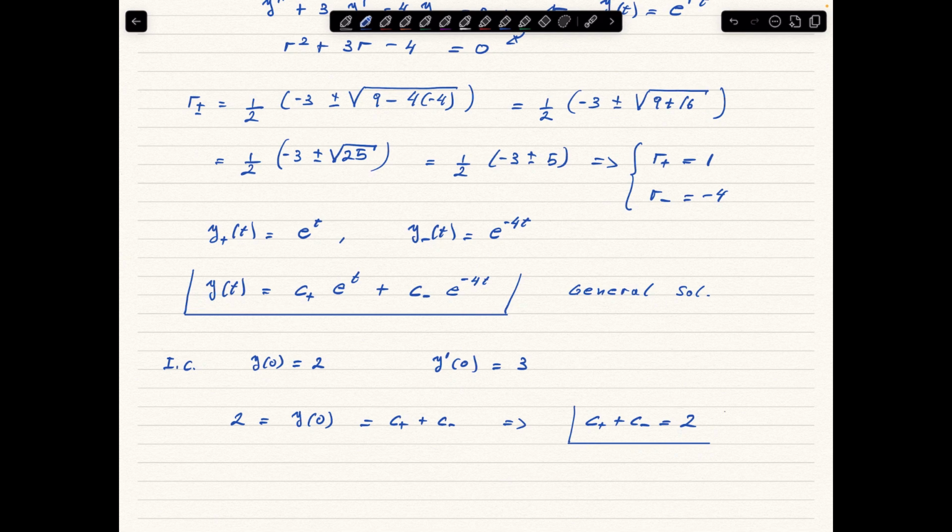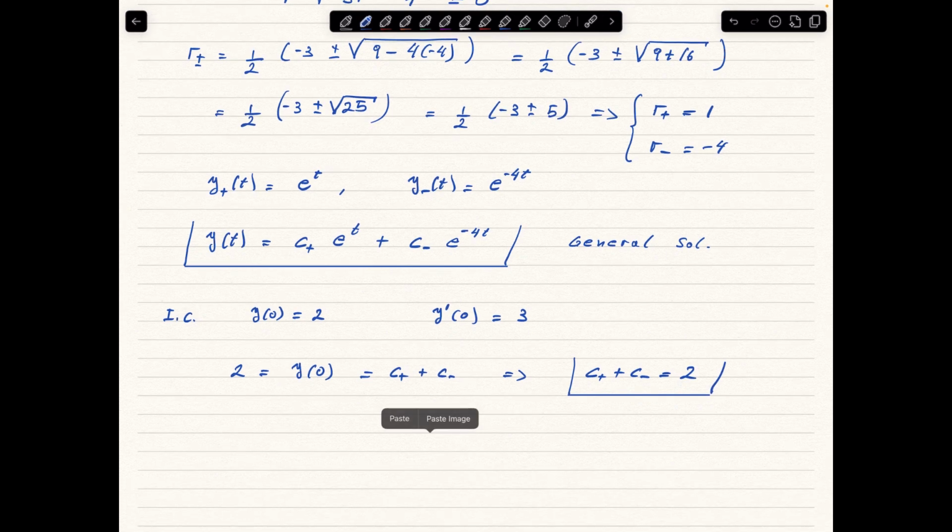So one equation for the coefficients is that c plus c minus is equal to 2. Okay, but that's not enough to find the coefficients. We need a second equation, but our second initial condition involves the derivative, so we need to compute the derivative first. So what is the derivative? Y prime of t is c plus exponential t minus 4c minus exponential negative 4t.